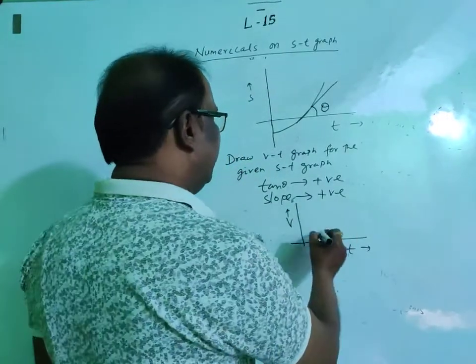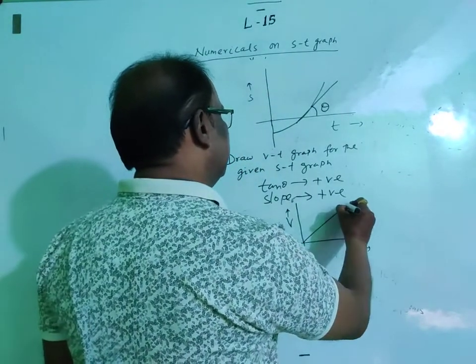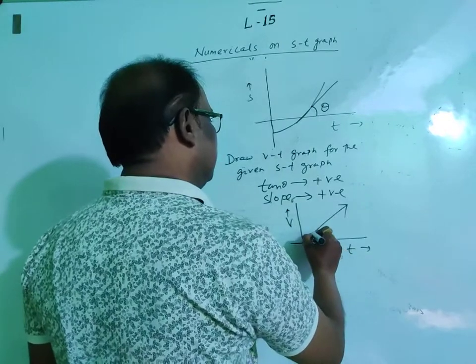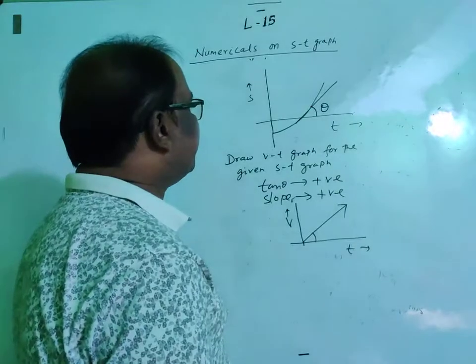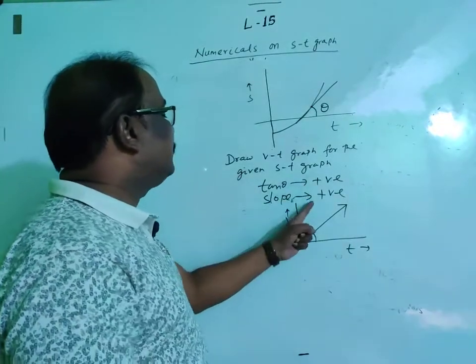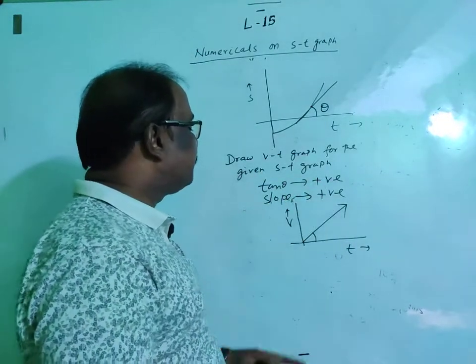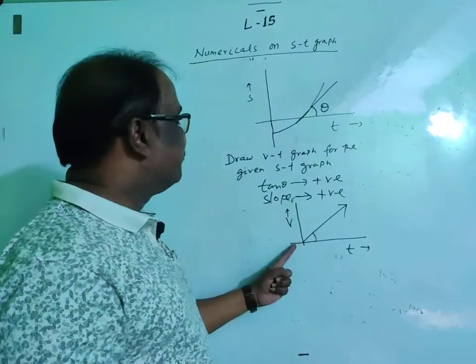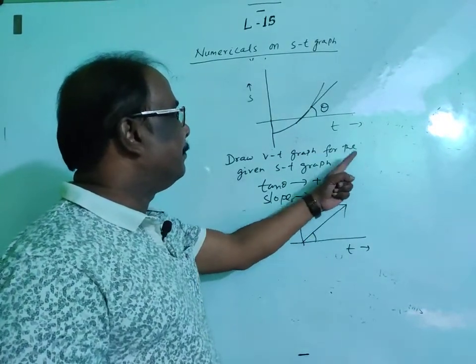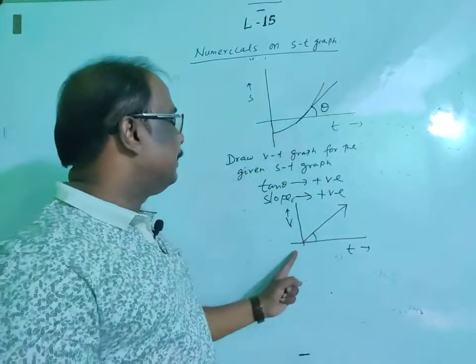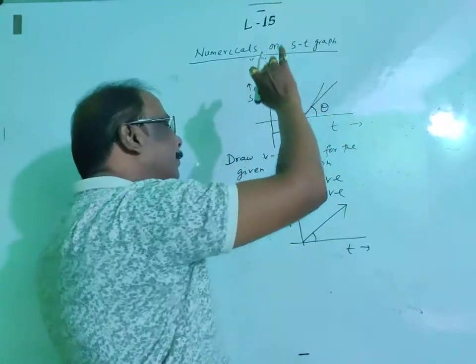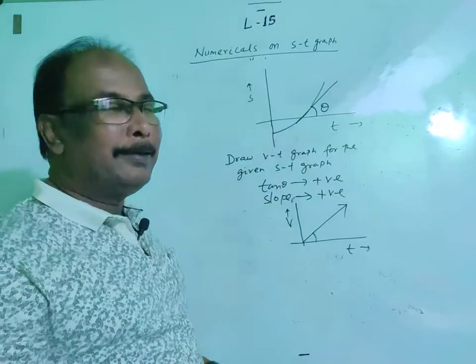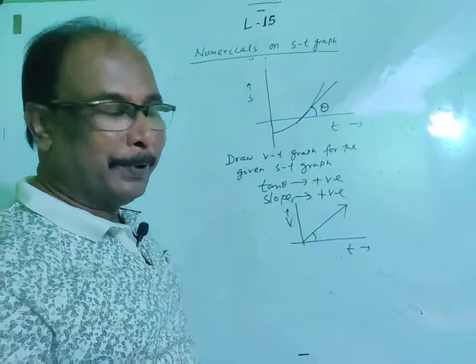Okay, and here it makes a constant angle with the time axis. So the slope is positive, tan theta is positive. So velocity is increasing uniformly. The graph is a curve, velocity is increasing positively, and theta will go on increasing since this is a curve.